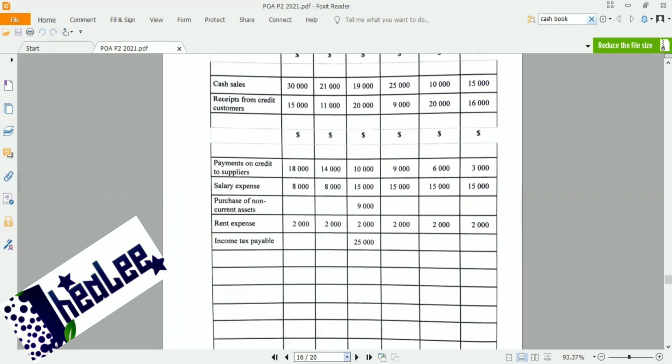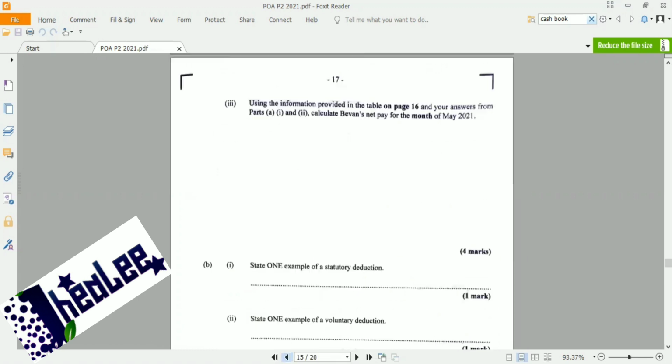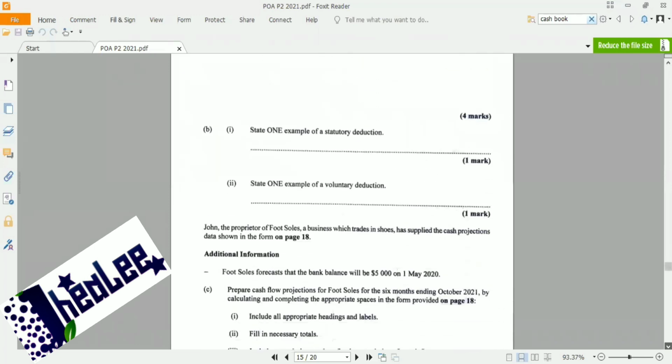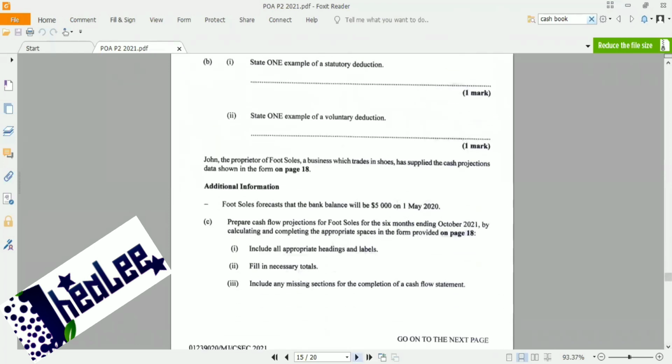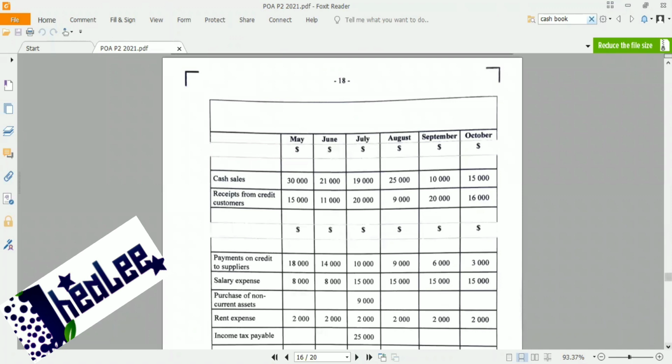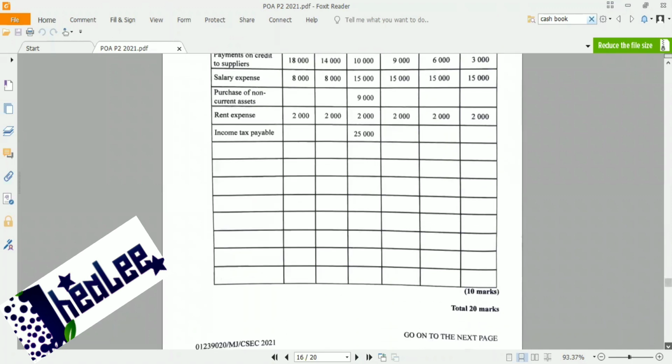And again, cash flow projections is from the broad topic, accounting for the entrepreneur, and that is broad topic number 8, presented by the examination body. And that would take you down to the 20 marks for question 4 of that paper.